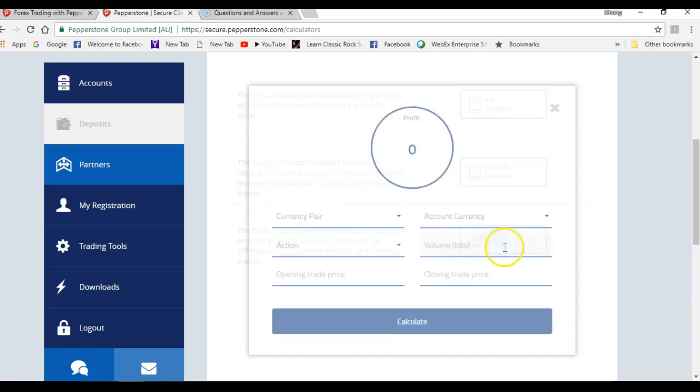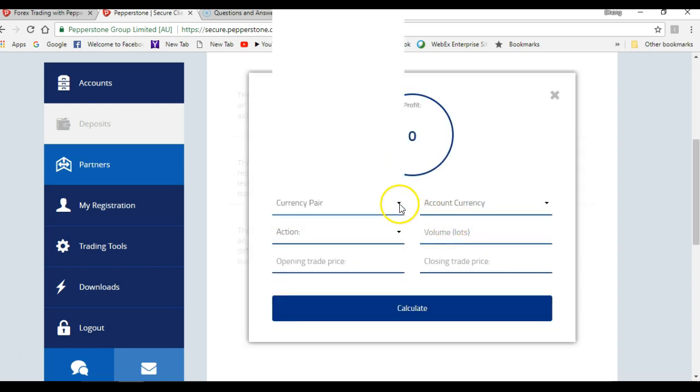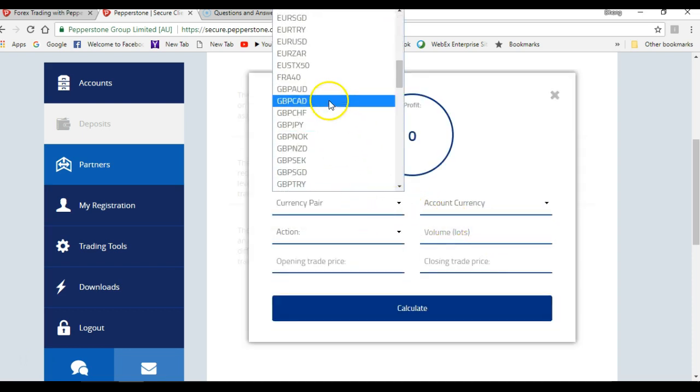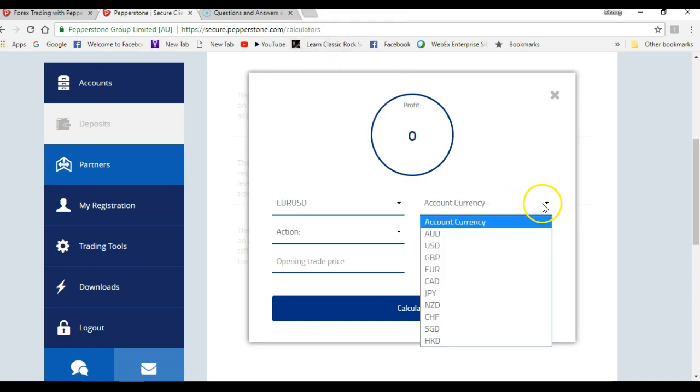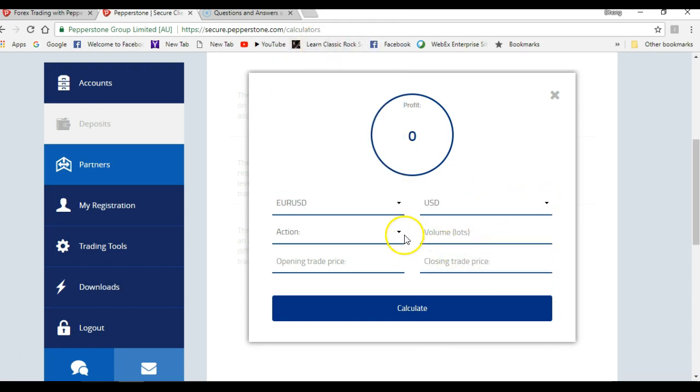If you want profit, it's different and very easy, because how much your profit is, that's your profit. Let's say your currency is US dollar, you are on buy, and your starting lot size is 0.01. You open a trade at 0.021 and then, since it is a buy, it reaches 0.024.